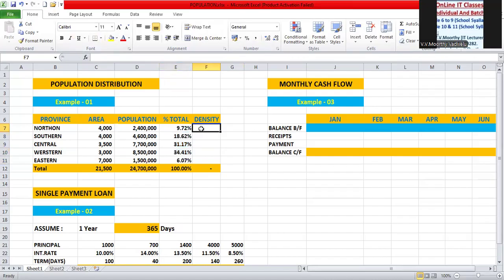So the next one, density. Population divided by area. So equal, this one divided by this. Then enter.